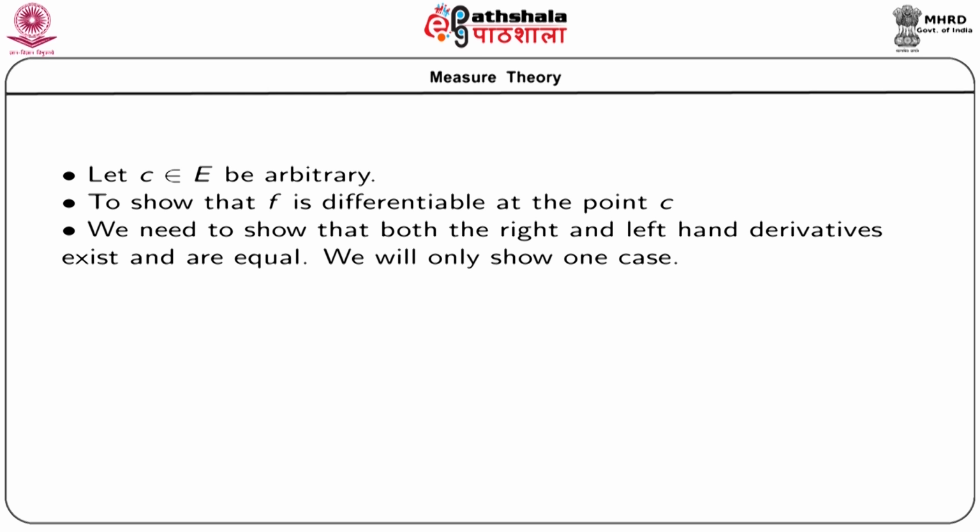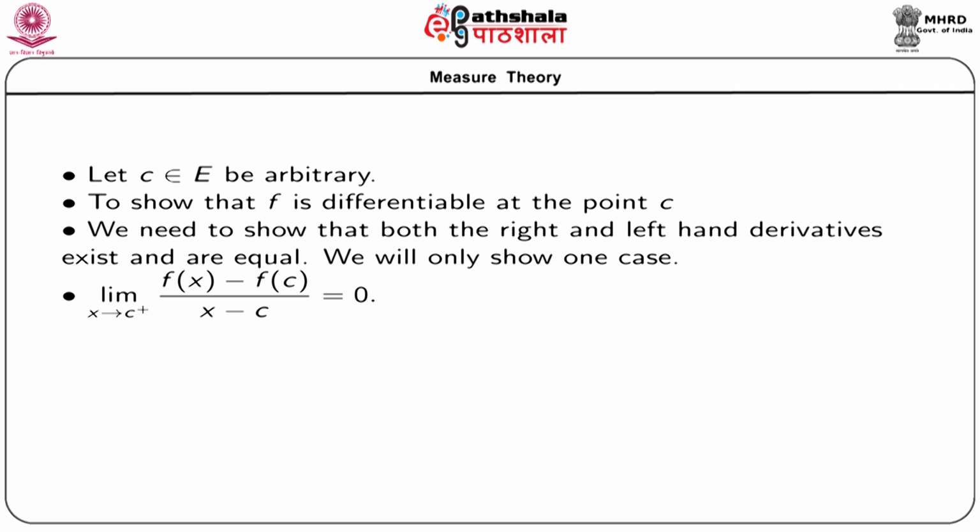We will show only one case. So, let us consider the limit as x tends to c plus of (f(x) minus f(c)) by (x minus c), that is the right hand derivative. We will show that the right hand derivative is equal to 0.